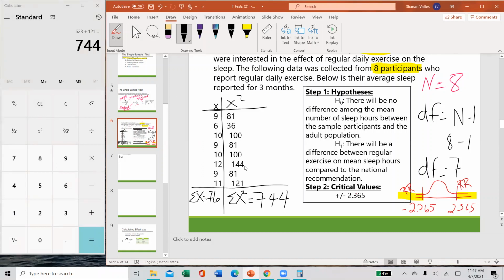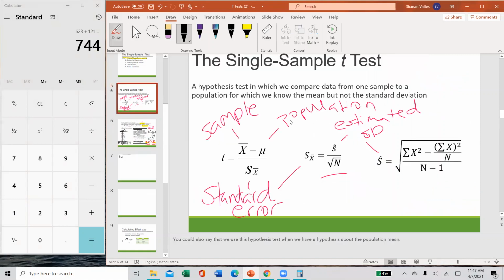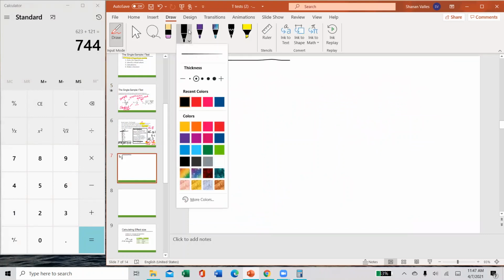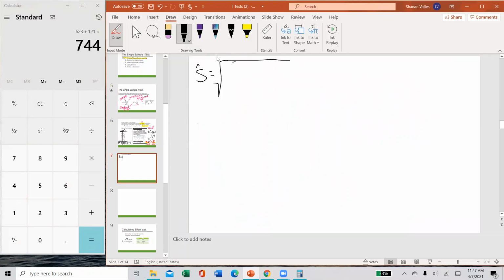All right, so we got those. We know our n is 8, and so we are ready to complete this formula. Okay, the sum of our x squared minus the sum of x squared divided by n, and then everything over n minus 1. Okay, so if you remember, the big number goes here.